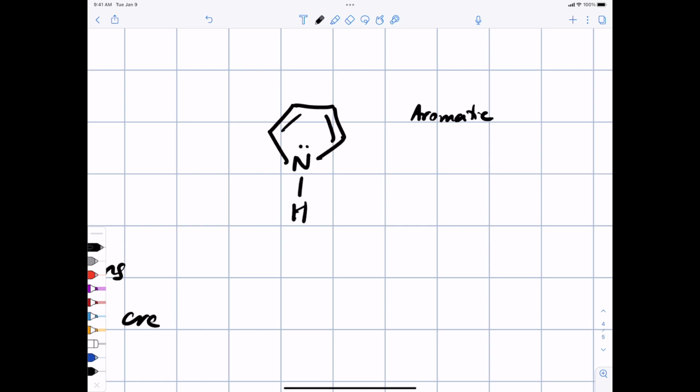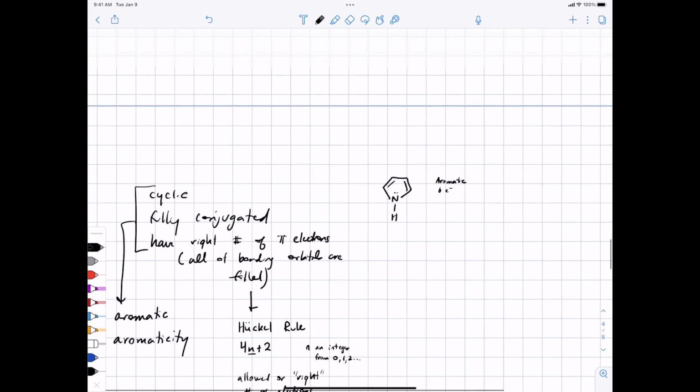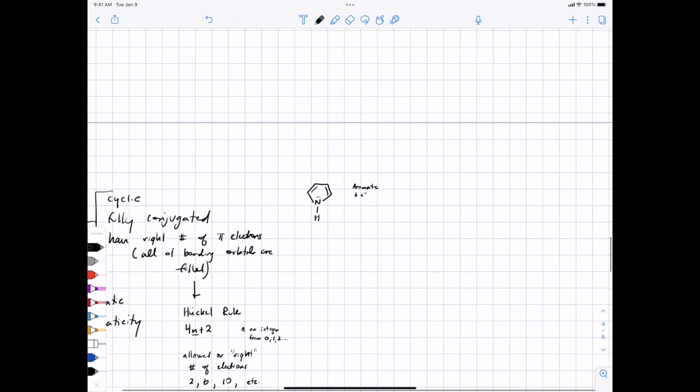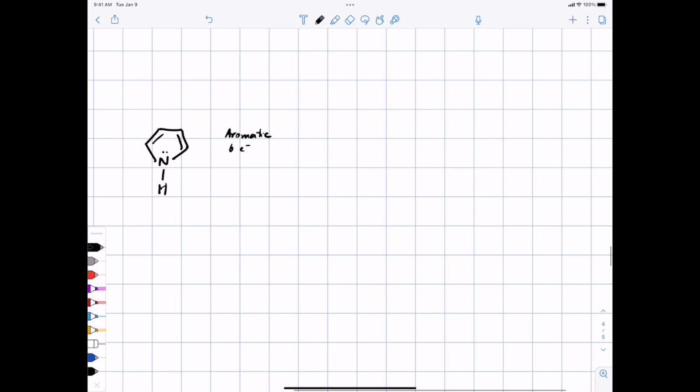And how many electrons are participating in the pi system? 6. Good. Cyclic, fully conjugated, has the right number of pi electrons.